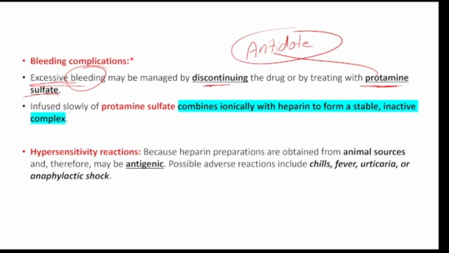Okay, protamine sulfate is infused slowly and combines ionically with the heparin to form a stable inactive complex. So the antidote protamine sulfate will bind to the heparin and inactivate heparin.